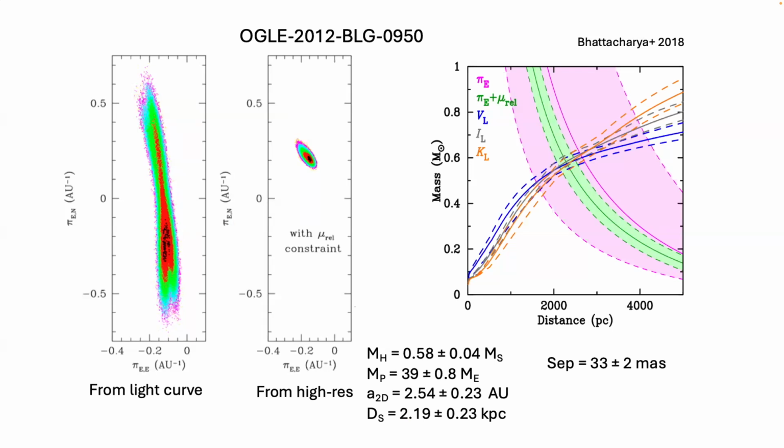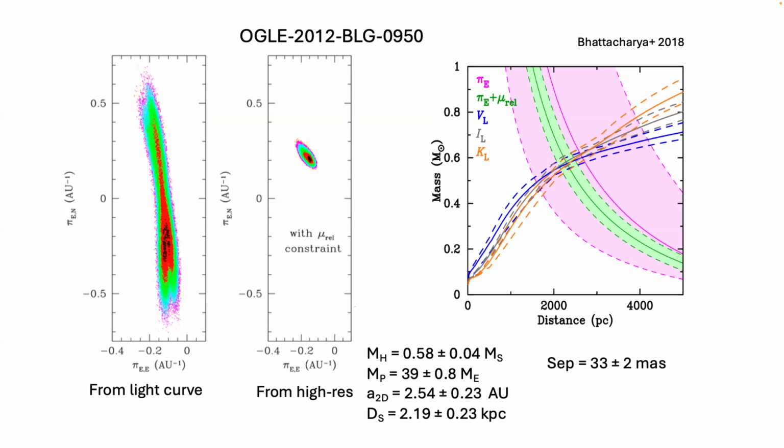So this goes from here to here. That is how much the constraint improves because of the direction of motion that we have been able to calculate. This pink curve over here is what we get from the light curve, and this green curve over here, which is also the mass distance relation, is what we get from the measurement. So it reduces from the pink curve to the green curve. That's how much improvement we get.